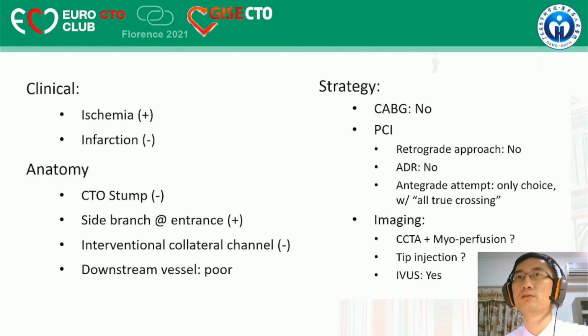But for IVUS, yes, I do want to say we need IVUS. We need IVUS to identify the true entry point and enter it very precisely. That's what we do.